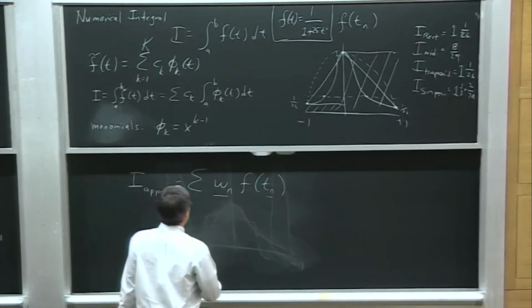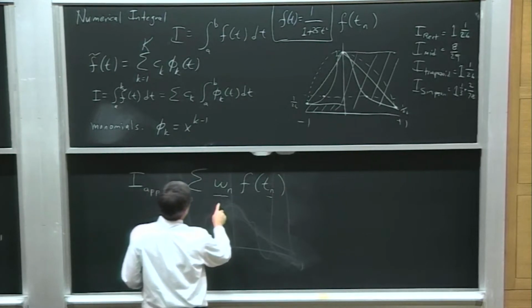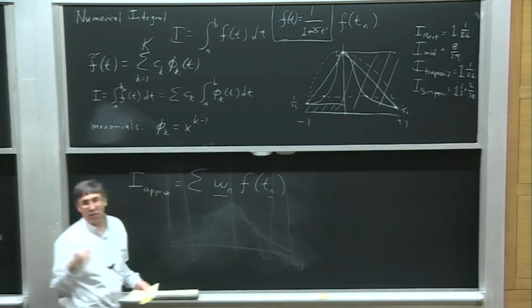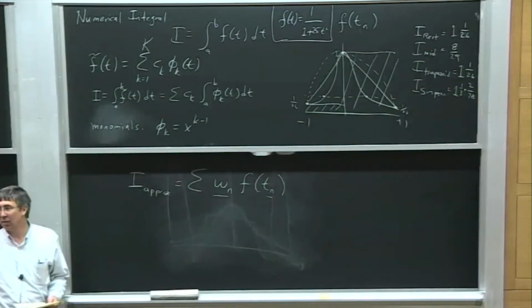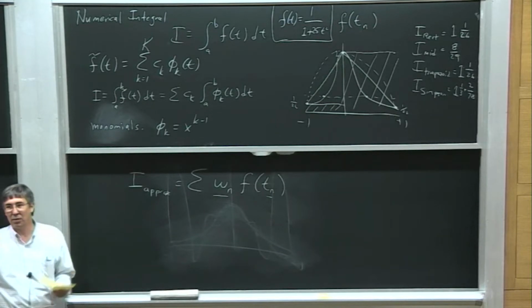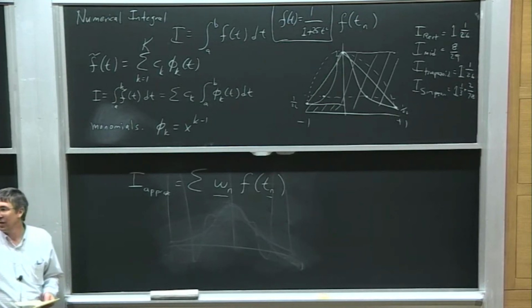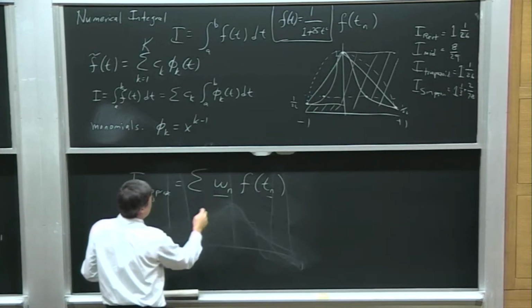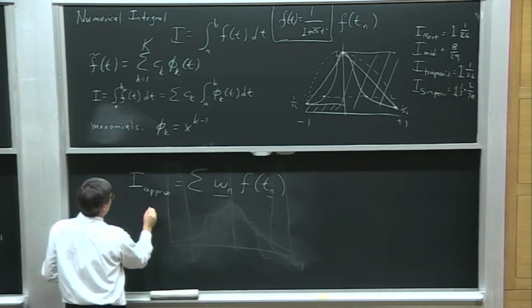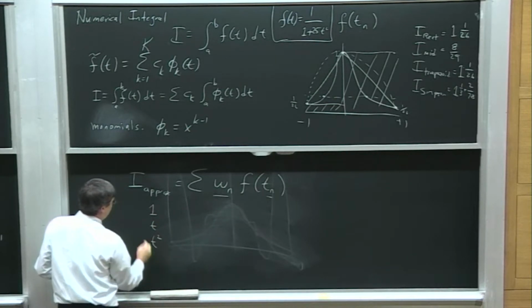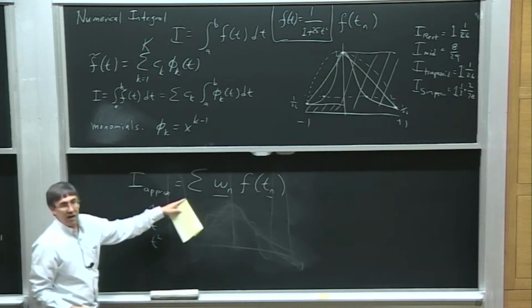And it turns out I have n w's, I have n t's, so I have 2n parameters that I can fiddle around with. And so I should get something like 2n in my polynomials, maybe 2n minus 1. All right, so what I want is to choose this so that for the monomial 1, the monomial t and the monomial t squared, this I is actually going to be exact.